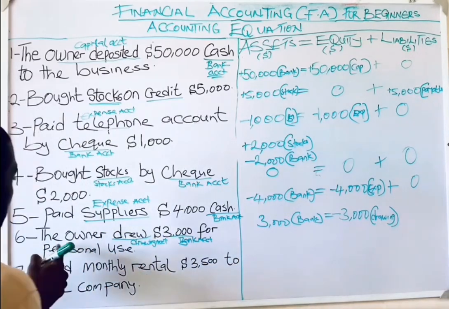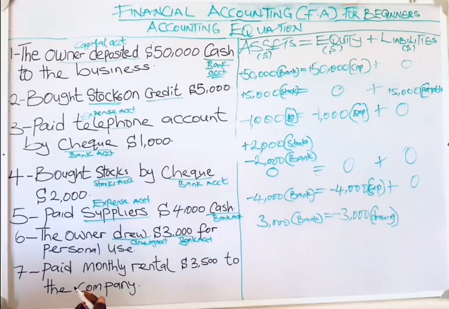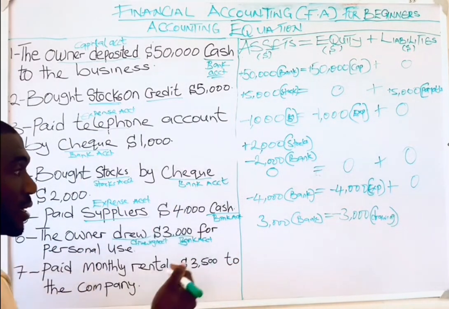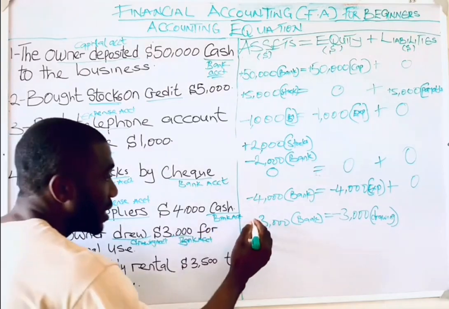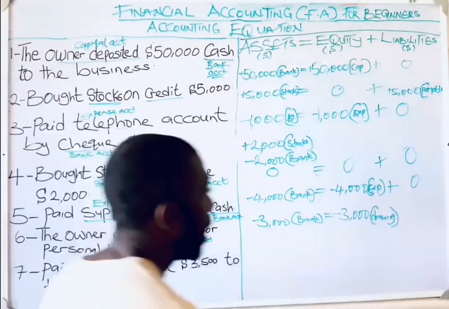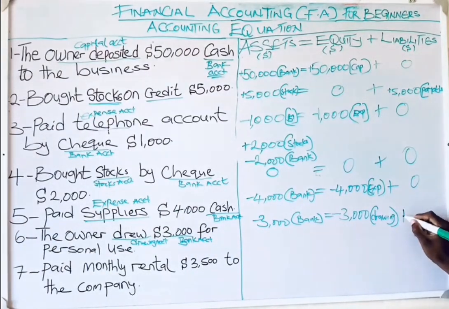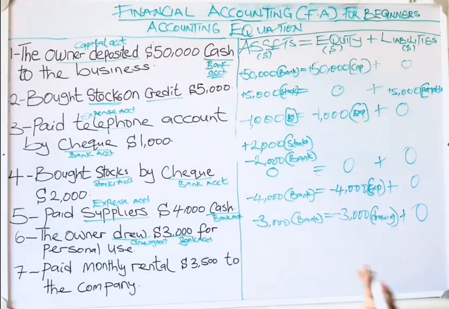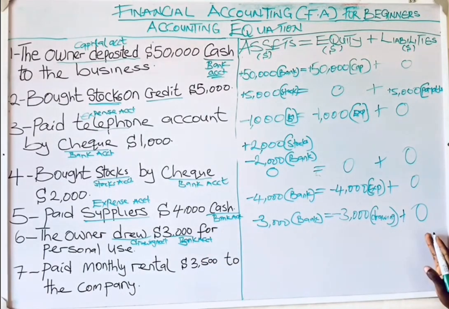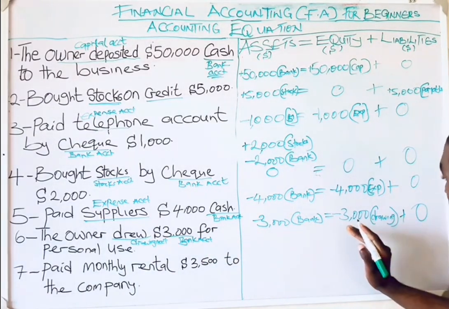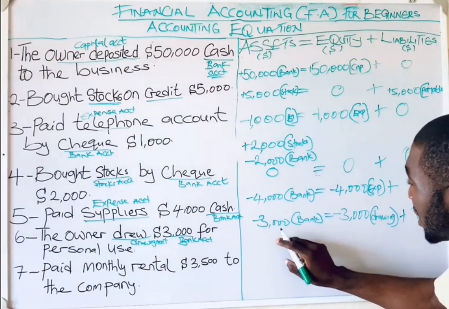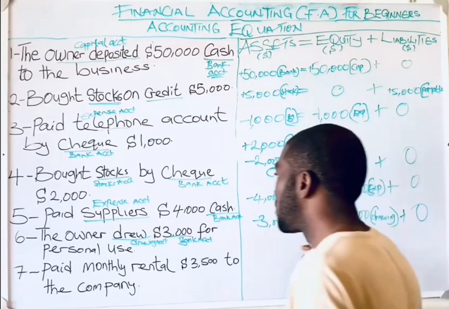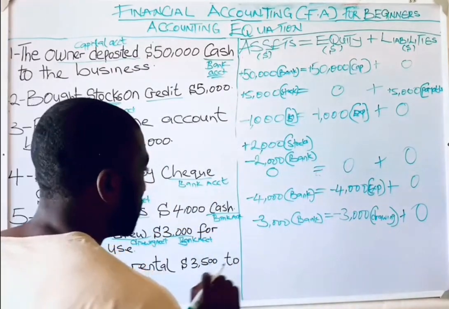Now, since he's taking the $3,000, he's reducing the balance of the bank account. So is negative. And your liability now is zero. There's no liability in the transaction. So your zero liability plus 3,000 negative as drawing, it will give you 3,000 negative bank account. So the question is balanced.